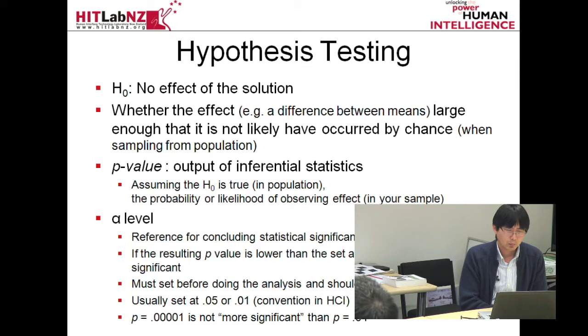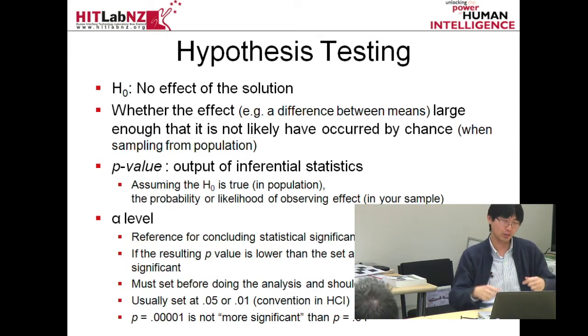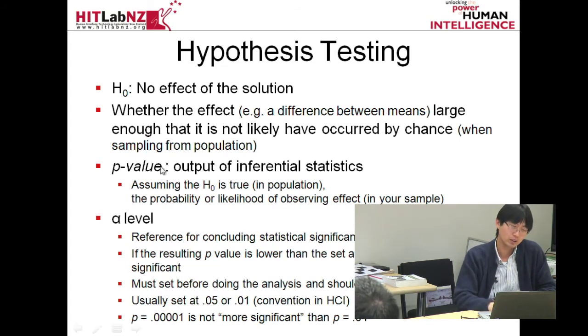So if we recap how we do hypothesis testing, we said proving something is more difficult than disproving. So the way you formulate the hypothesis is to formulate the negation of what you really want to say, which is formulating a null hypothesis.